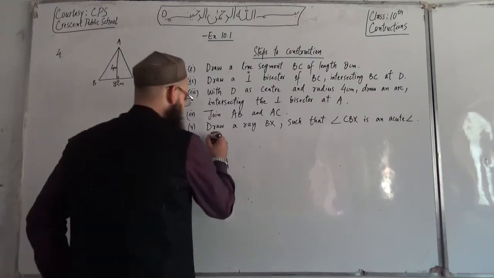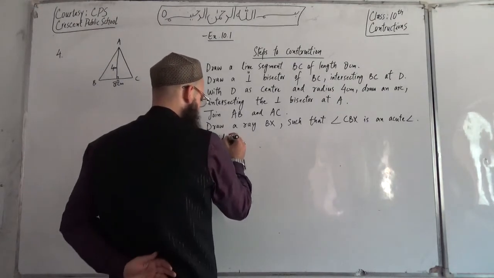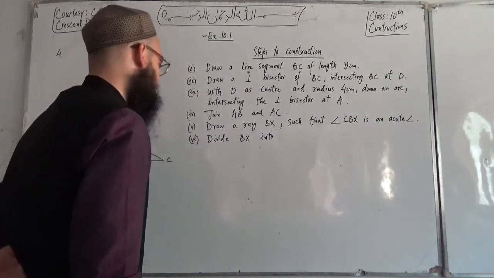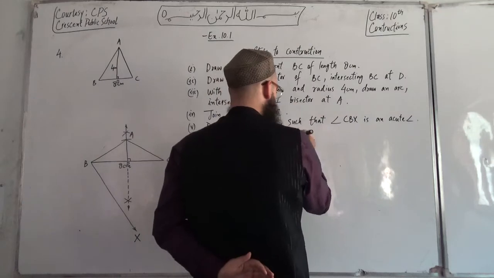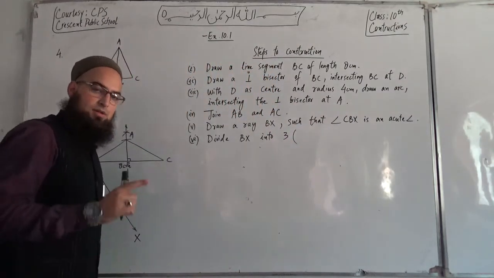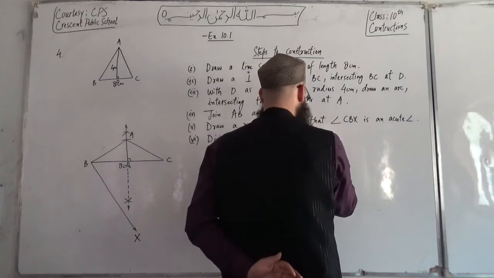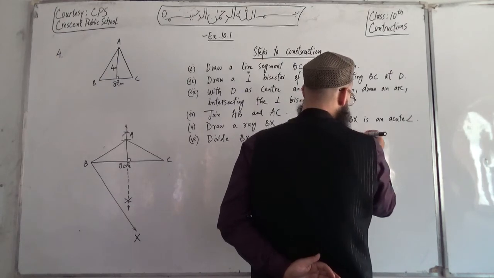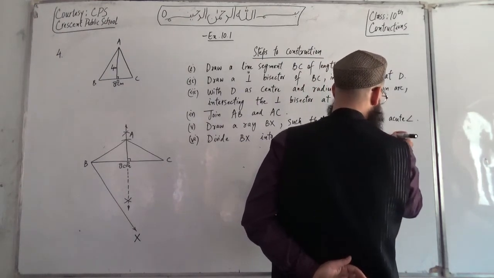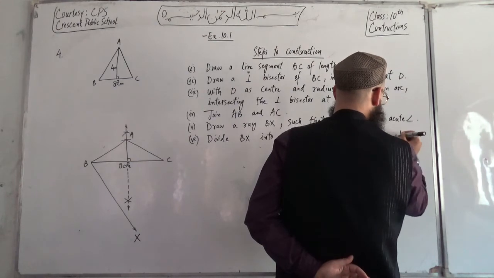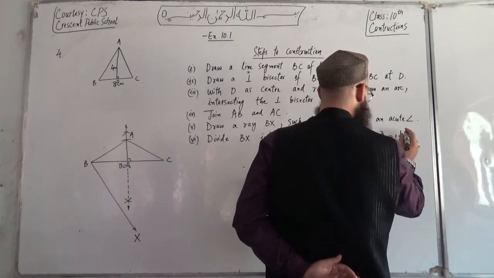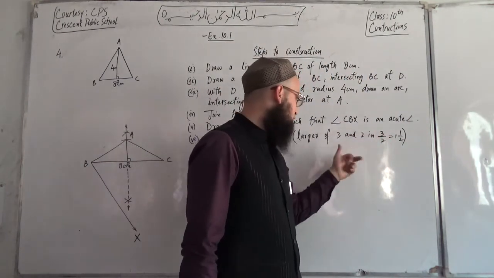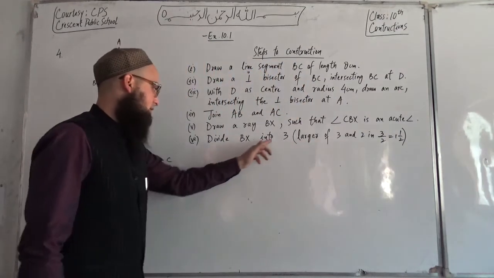Then divide BX into 3. Why 3? Because our ratio is 3 by 2, and we take the larger of the two, 3. Got it? Because 1 by 2 is 3 by 2. So larger of the two is 3. That's why we are dividing into 3 parts.